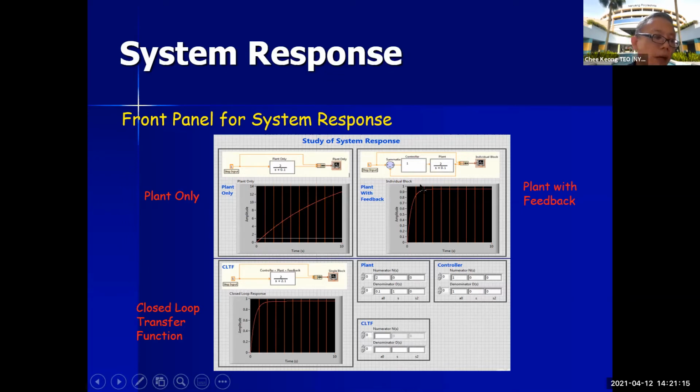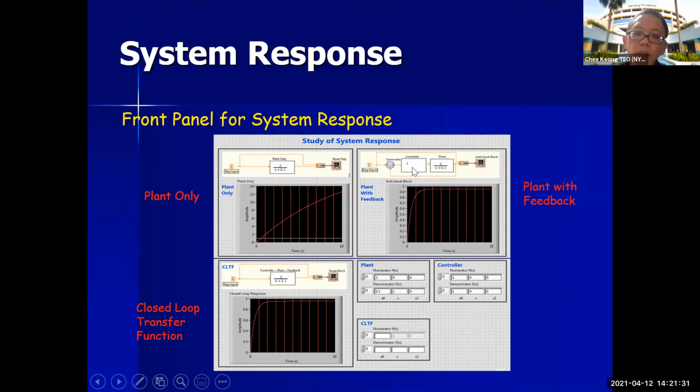Now, I don't know at this point of time, have you read or watched all the videos or lecture notes that cover block diagram manipulation for Rule 7 or Rule 8?